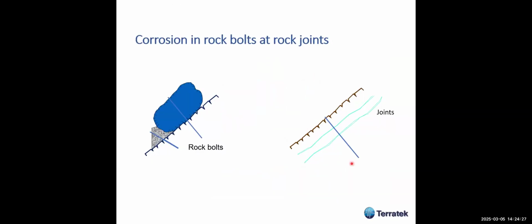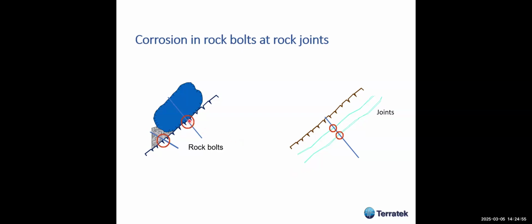I'd like to point out two main points for corrosion, which I've seen many times. When you have jointed rock, water can flow here, and it's going to affect very much this part of the bolt or the anchor, and corrosion protection has to be taken care of.